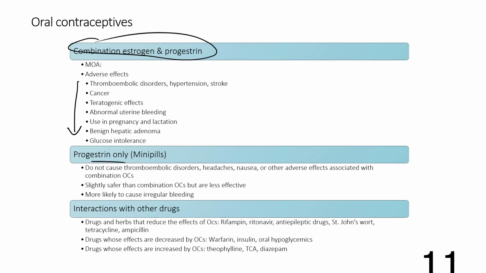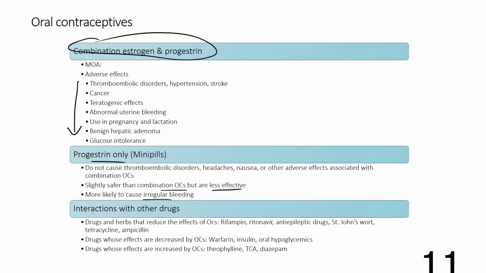And so if it contains only progesterones, then it doesn't increase the risk of thromboembolic disorder, or any of the adverse effects that are really associated with estrogen, right? It's slightly safer than combination oral contraceptives, but it's less effective. And as I said, because it's progesterone, it is more likely to cause irregular or breakthrough bleeding or spotting.